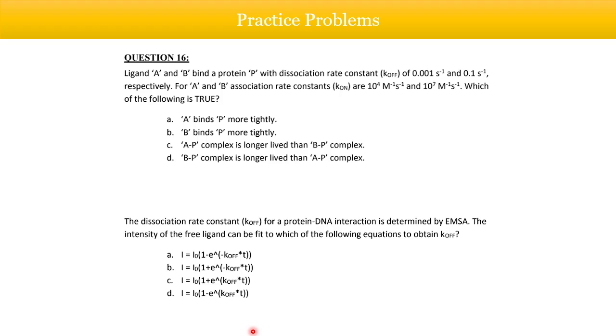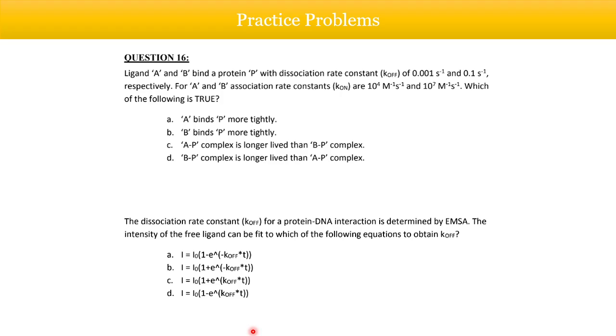Because the K on rate is good. But if you see the off rate, for A it is around 1000 seconds, and for B it is around 10 seconds. So the AP complex is longer lived than the BP complex. From the K on, we can tell which binds more tightly, but from the off rate, we can tell which complex is longer lived. So from here we can tell that the AP complex is longer lived than the BP complex.